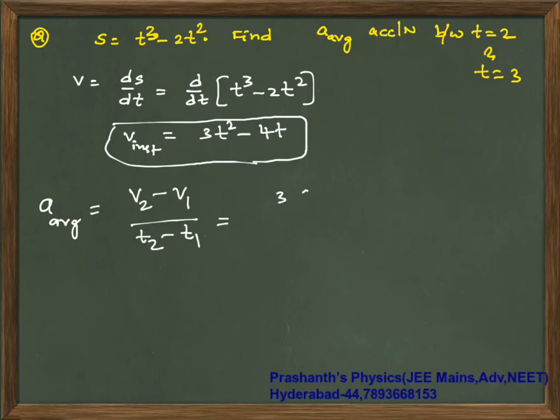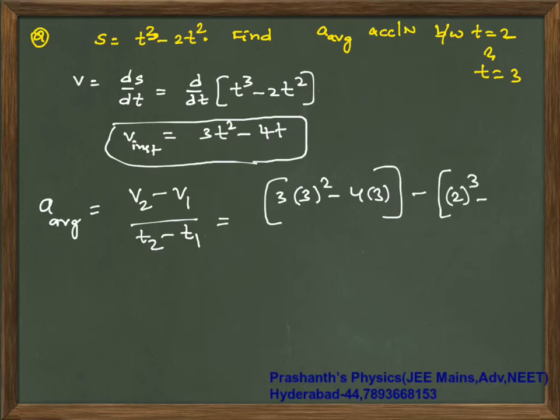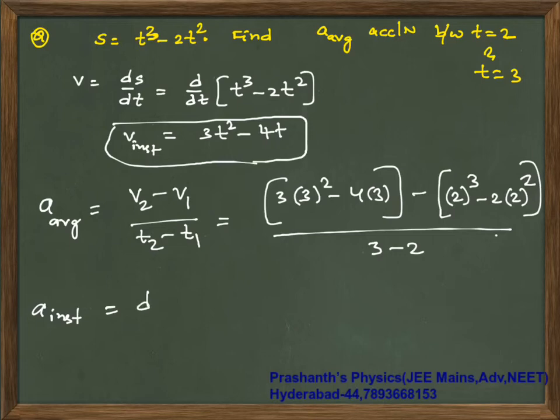That is equal to 3 times 3 square minus 4 into 3, that is V2, minus V1, which is 3 times 2 square minus 4 into 2, whole divided by 3 minus 2. That is your average value. And to get A instantaneous, just do dV by dt, that will give you 6t minus 4. Like this there are different questions in your books to solve average and instantaneous values.